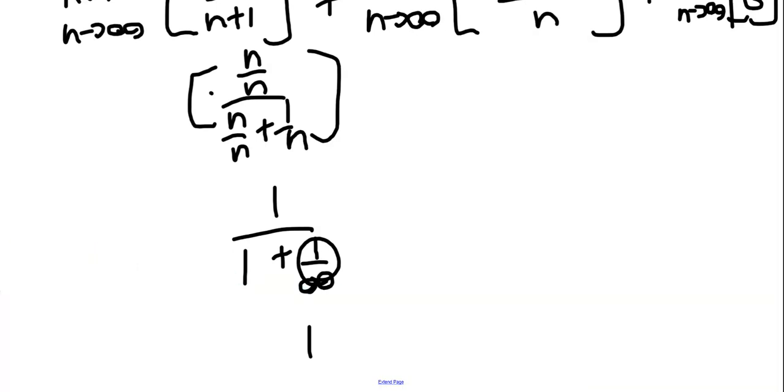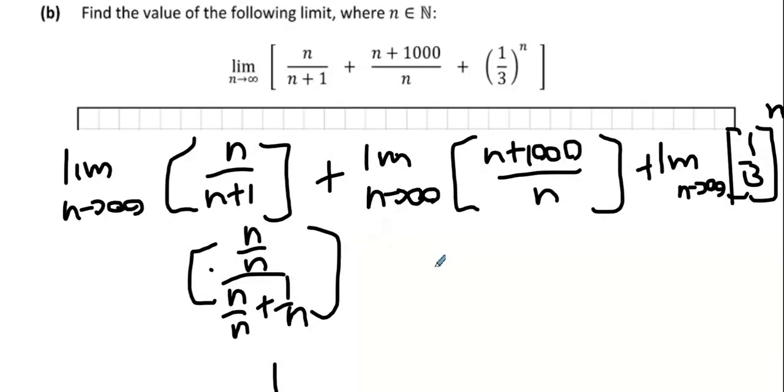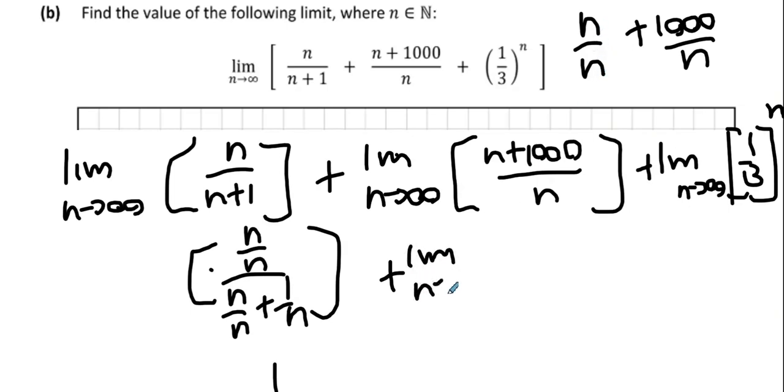Do the same thing for the next question, except there's a little cheat here. I'm going to break up the fraction into 2 parts. It's going to be n over n plus 1,000 over n. What's n over n? N divided by n is 1.